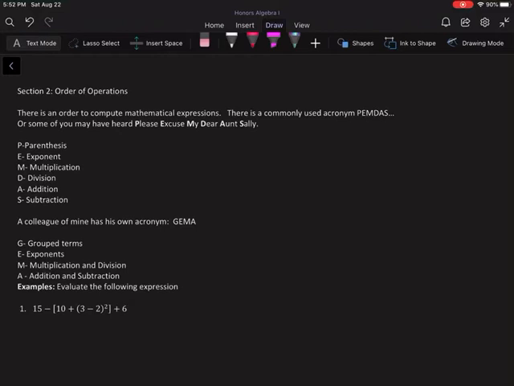My colleague from Village of Shen uses GEMDAS, which means group terms, then exponents, then multiplication and division in that order, so it has to go from left to right. Same with addition and subtraction, left to right.